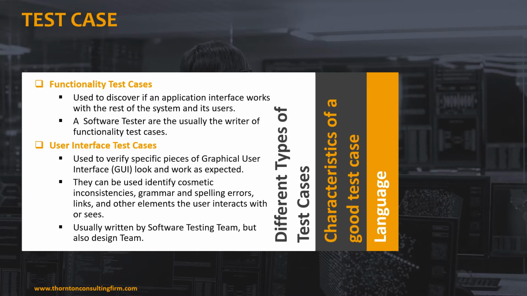So take, for example, a text box on an application, and the requirement states that it should accept only alpha characters. Well, a tester would test that field to make sure that it accepts only alpha characters. And here's just some more information on a GUI test case.